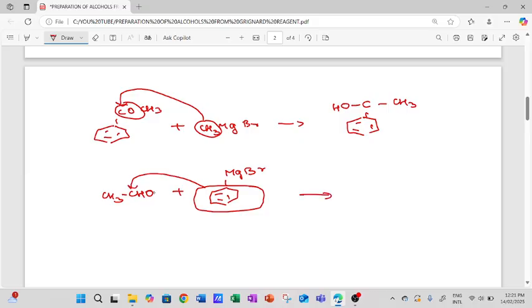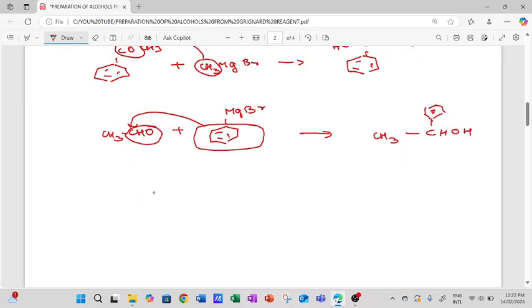You don't change the position of the remaining group, like CH3, C. That C is being added to the benzene ring. Got it? Now the CHO changes, because it's acetaldehyde, to a secondary alcohol, so CHOH. So don't change the position of the remaining group. That is the most important thing we need to understand.